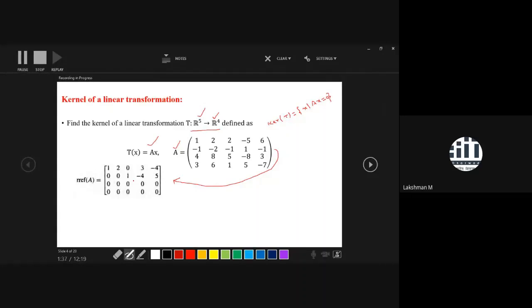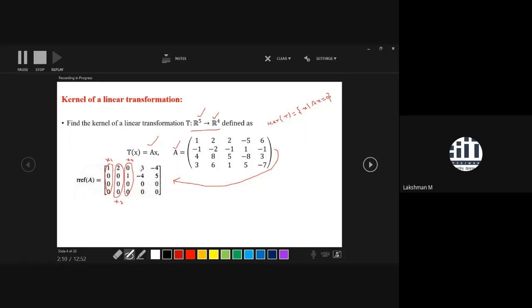So here in the row reduced echelon form, you can observe that x1 is your dependent variable, because the corresponding column is a pivot column. X2 is your free variable. The dependent variable I am writing in the upper section. X1 is dependent, x2 is independent or free variable. Similarly, x3 is associated with again a pivot column, so x3 would also be a dependent variable.